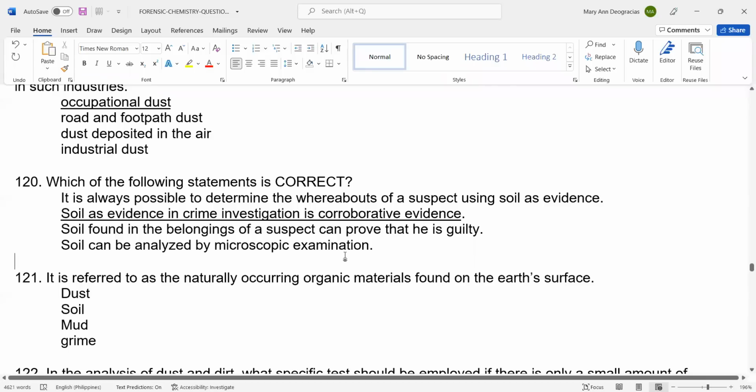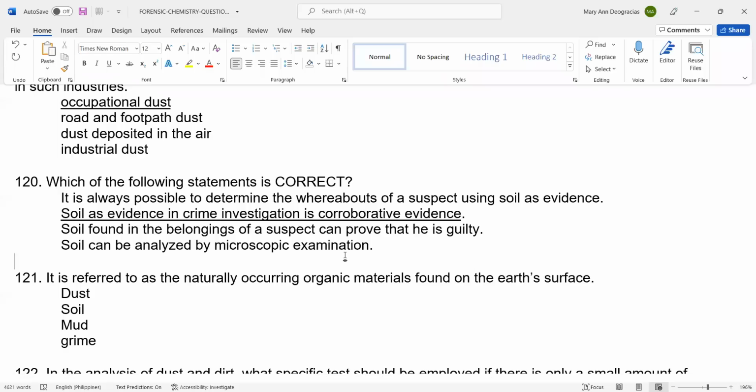The examinations employed in soil analysis are spectrographic, soil density gradient apparatus examination, the fluorescence test, and X-ray diffraction. There is no microscopic examination in soil analysis, so that statement is wrong. The most correct answer there is letter B.